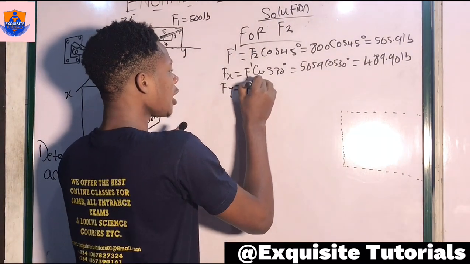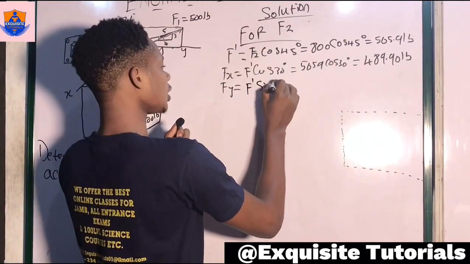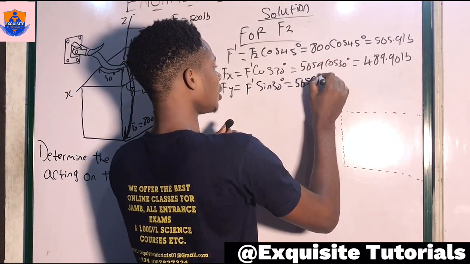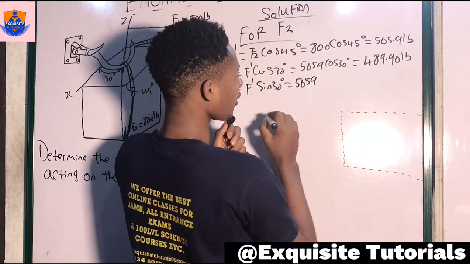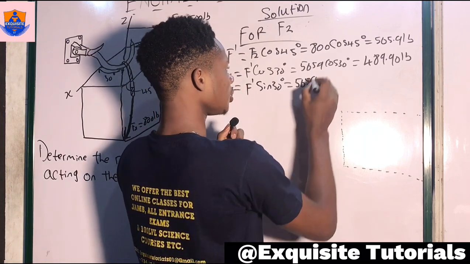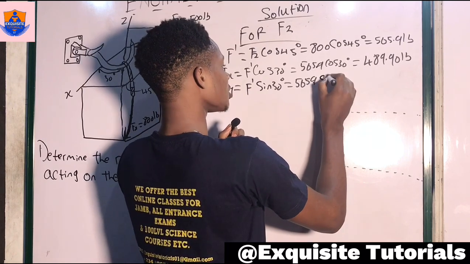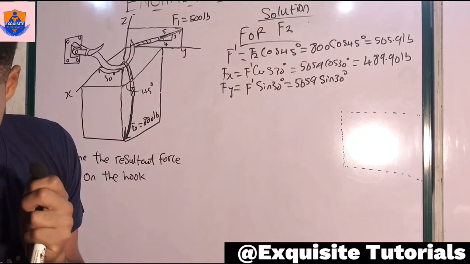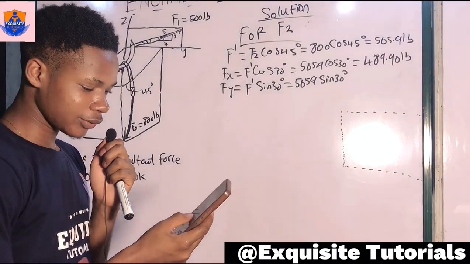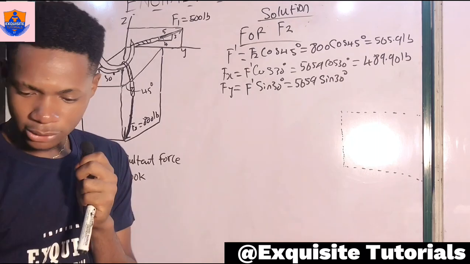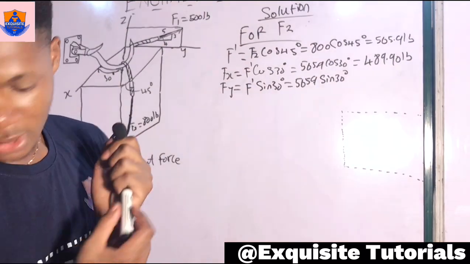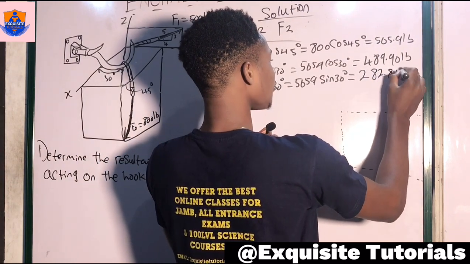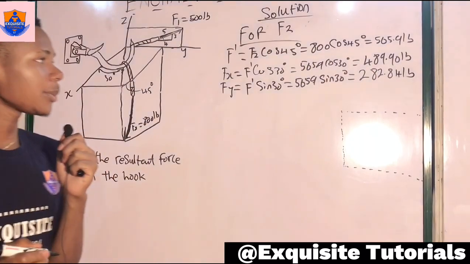We are going to be having F prime sine of 30 degrees, and that will equal 565.69 times the sine of 30 degrees. So I'm multiplying F prime by the sine of 30 degrees. That gives us a value of 282.84 pounds to two decimal places.